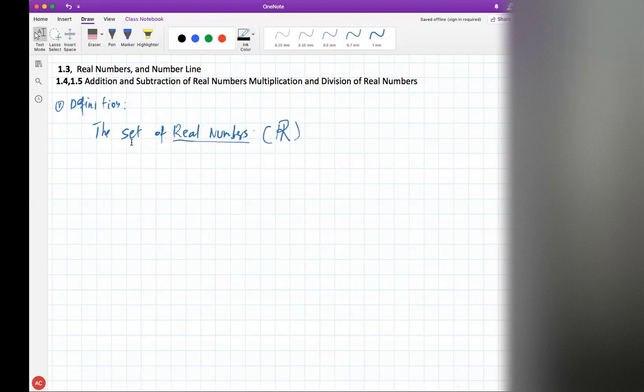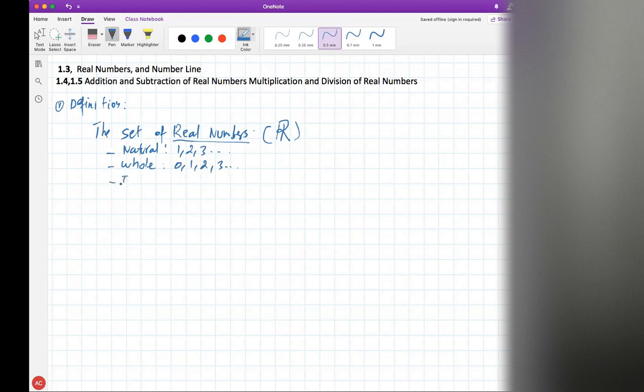So it's basically all the types of numbers, including all the numbers we've seen so far. That includes natural numbers, which basically means numbers that go from 1, 2, and 3, and so on. And also whole numbers. Whole numbers start from 0. So natural numbers start from 1, but whole numbers start from 0, 1, 2, 3, and up.